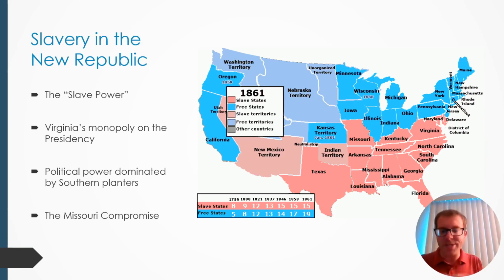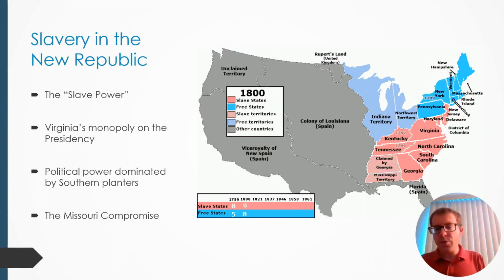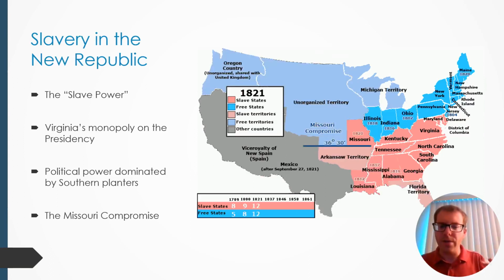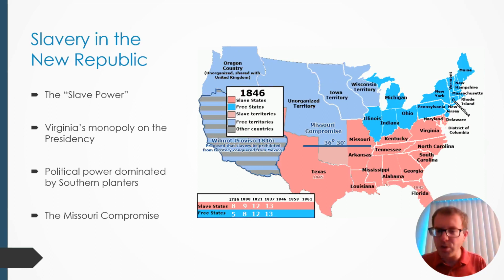And this extra representation in Congress leads to pro-slavery politicians, again, adopting more radical views. And eventually, when party politics changes, the advantage that pro-slavery politicians have in the Democratic Party, the Jacksonian Democratic Party, also gives them a strong advantage.